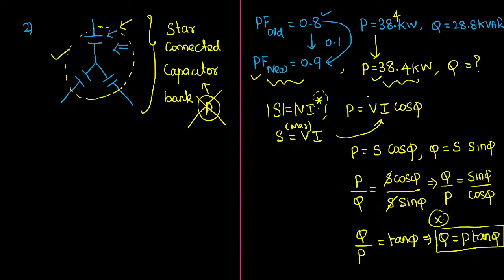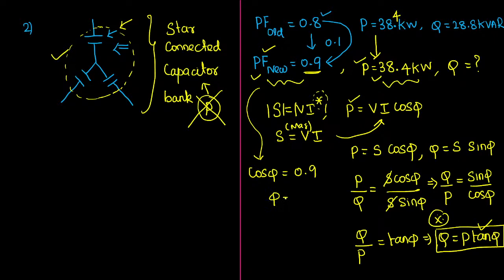So now, if you know the real power and power factor, can you calculate the reactive power or not? Sir, it is very simple now. How do I do that? I just want to know the value of tan phi. Given the power factor, this can be written as cos phi equal to 0.9.